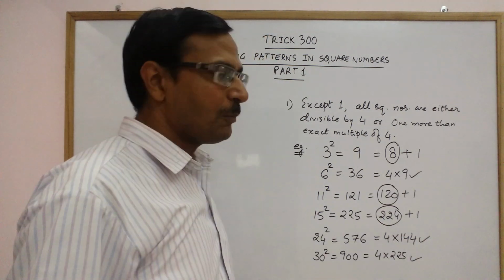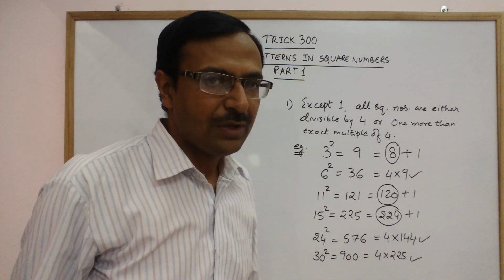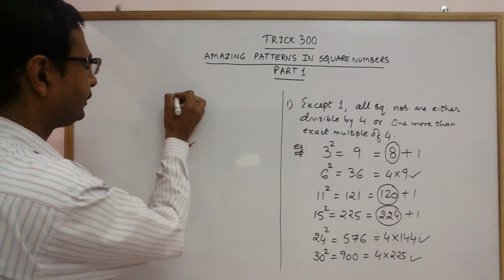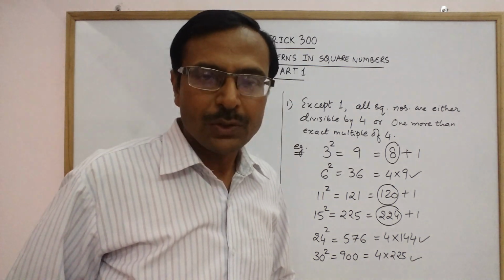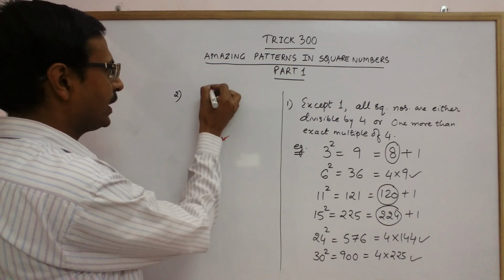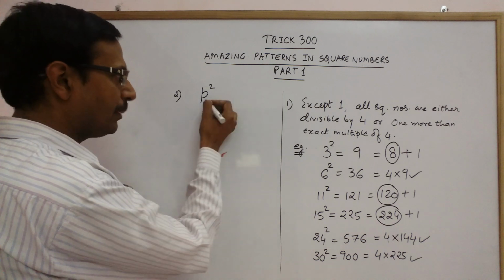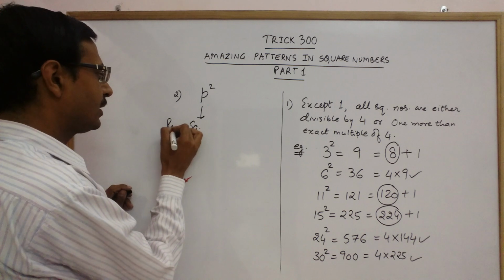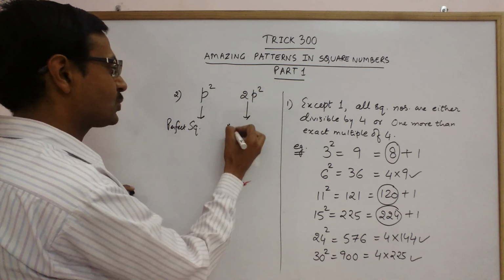So this is a very important property of squares, and I hope you appreciate the kind of patterns we observe in square numbers. Now take one more pattern. In the second pattern, whenever we have a square number, suppose we have p square, the double of that number, if this is a perfect square, then the double of that number will never be a perfect square.